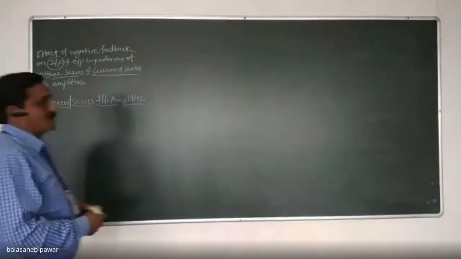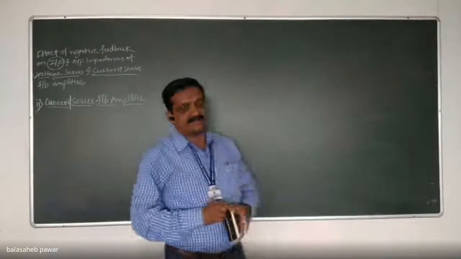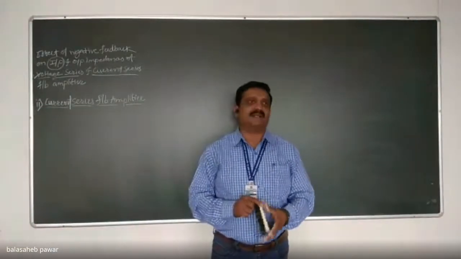Being a voltage amplifier, I already told that for an ideal voltage amplifier, input impedance is considered infinite and output impedance is considered zero. So practically, we should achieve values closer to the ideal ones: the input impedance should be as large as possible, and the output impedance as low as possible, for a voltage amplifier.